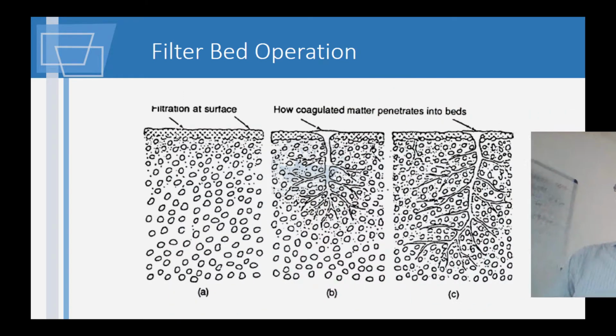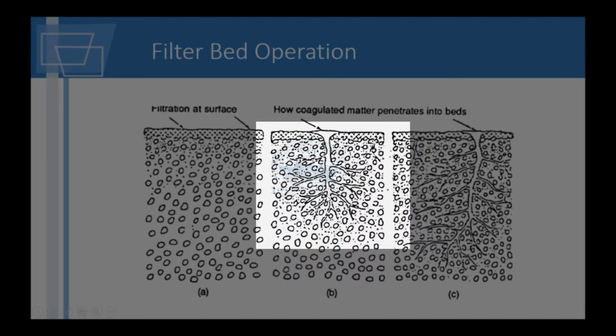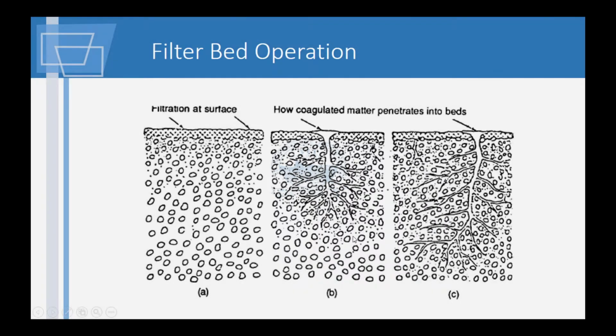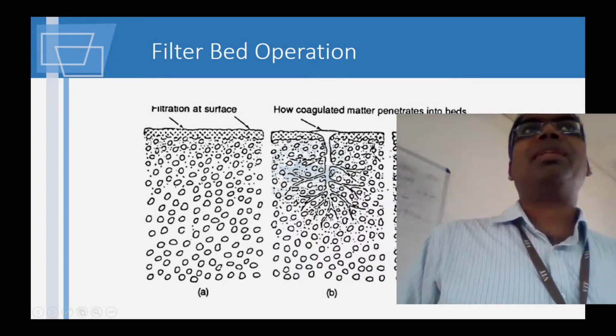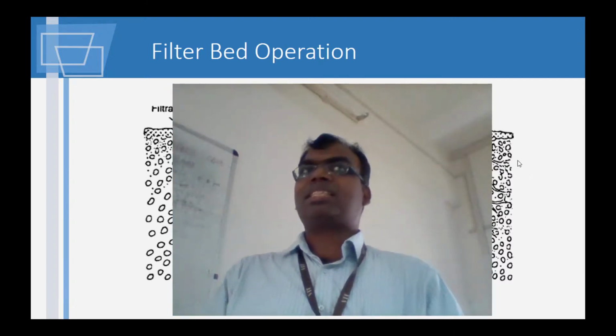Okay, but what happens is coagulants, they are actually quite small, no? So when the hydraulic gradient, there is a pressure difference, that gradient when that takes place, it can start to break through. Now see what has happened. It has started to penetrate into the filter media. If it filters a little bit more, what happens? It will start to flow through the bed itself.